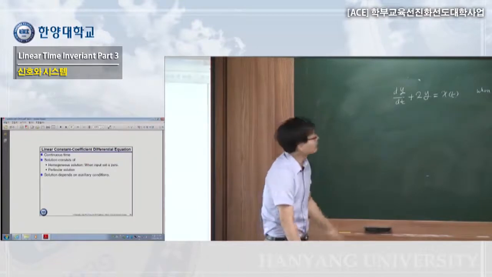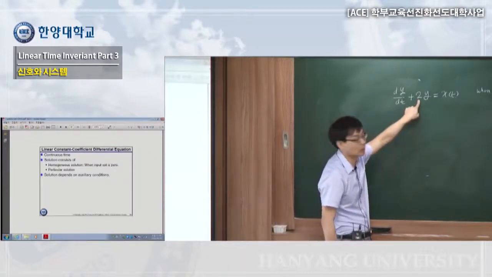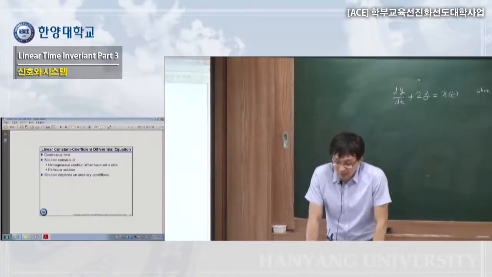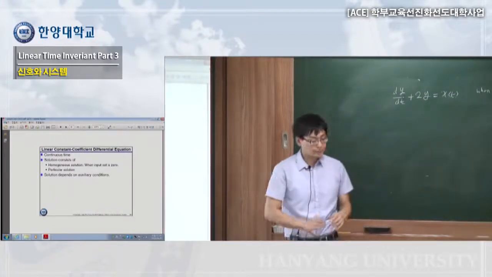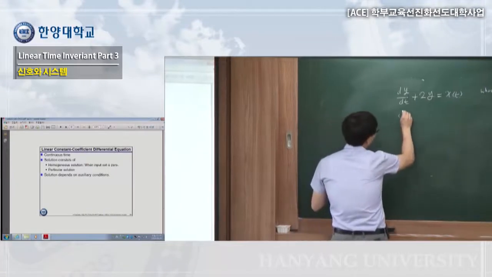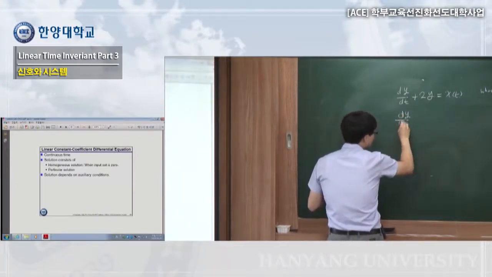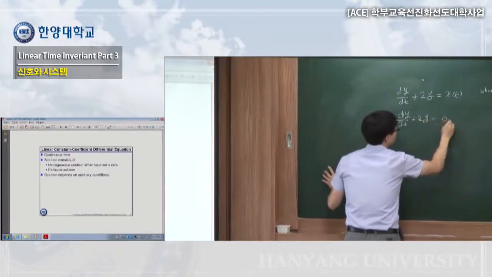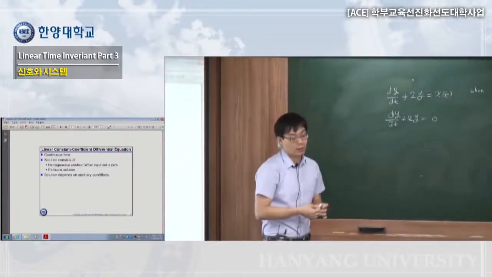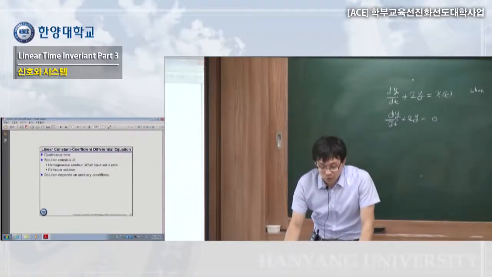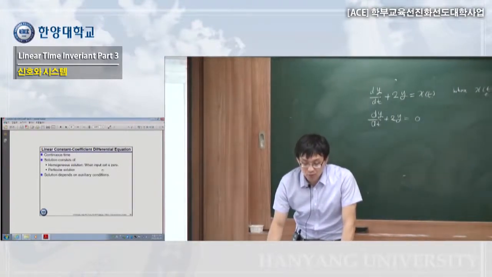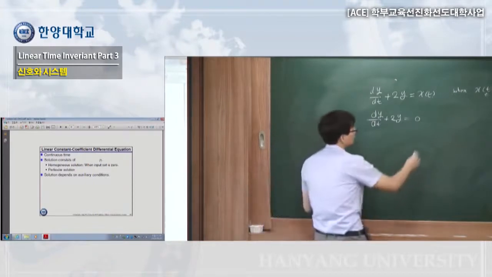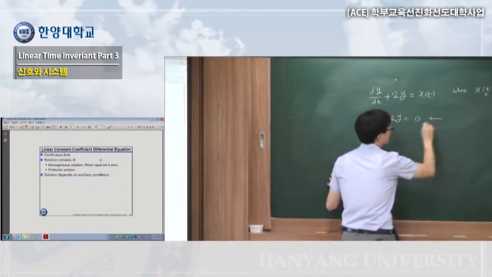This one is called a constant coefficient linear differential equation. If you remember engineering mathematics, you may remember homogeneous solution versus particular solution. What is the homogeneous solution? The solution for this.